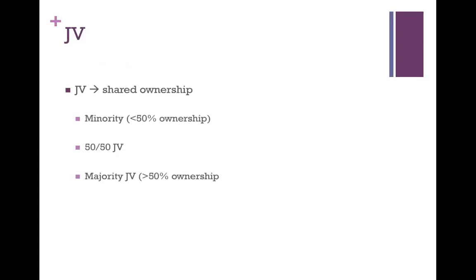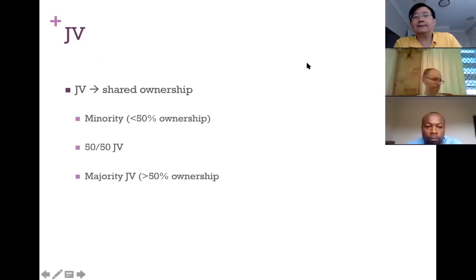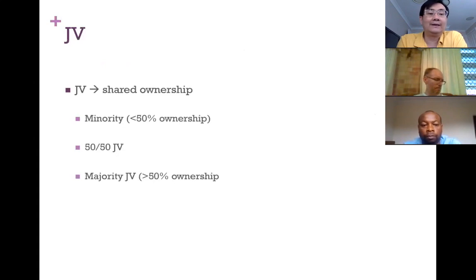Now, 50-50 joint venture. I think we discussed this some time ago. Do we still remember the issue with 50-50, guys? No, I don't. Okay. The benefit of the 50-50 joint venture is we share the pain. If things go wrong, we share the pain with our business partner.